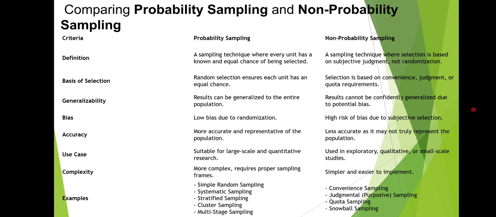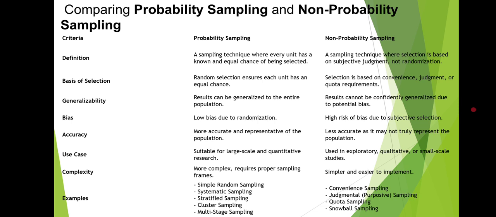In non-probability sampling, selection is based on convenience, judgment, or quota requirements. On the basis of generalizability, the result can be generalized to the entire population in the case of probability sampling. In non-probability sampling, the result cannot be confidently generalized due to potential bias.